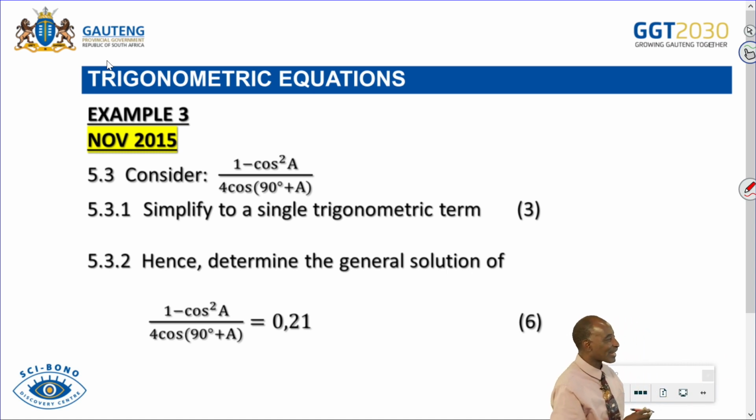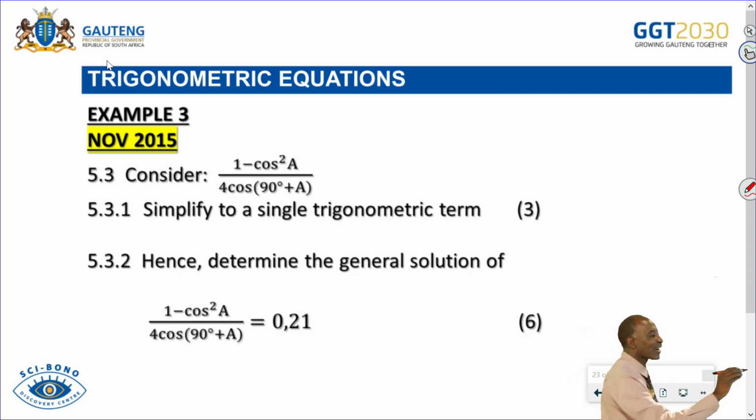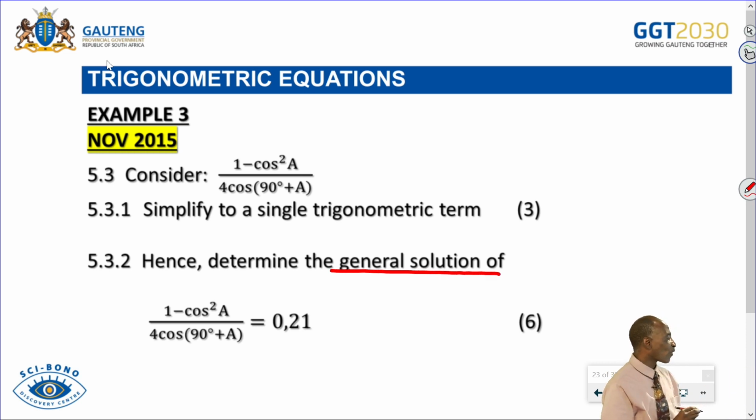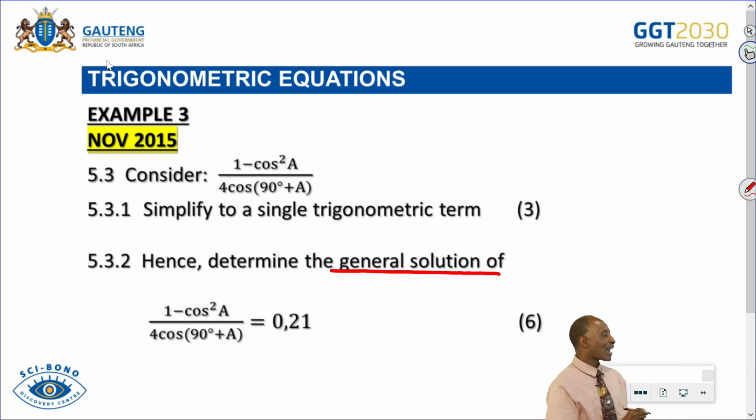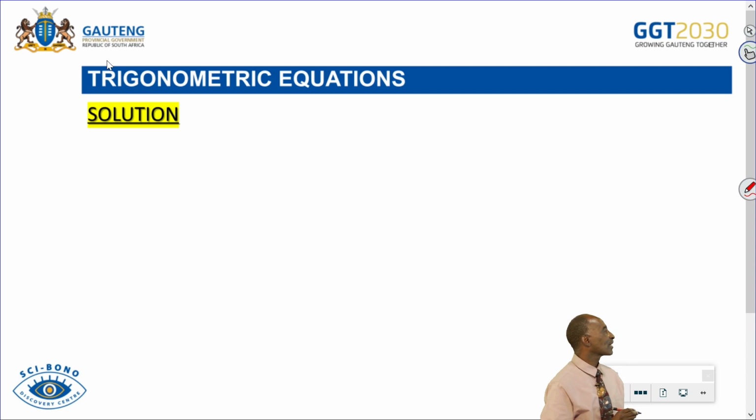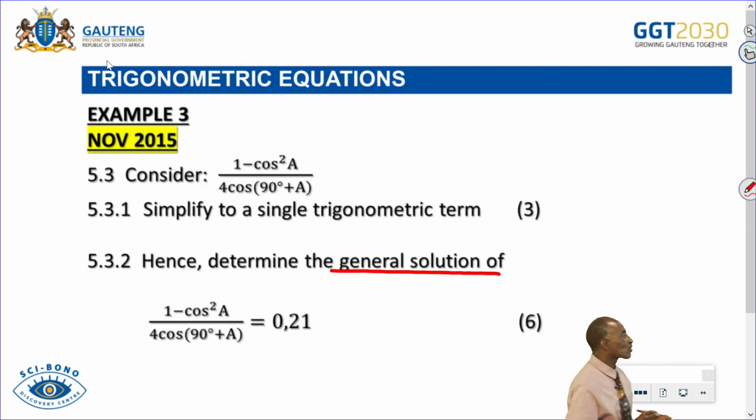The question that we are really targeting is 5.3.2. Hence, determine the general solution of the equation 1 minus cos squared A divided by 4 cos 90 degrees plus A equals to 0.21. Okay. Right. The first thing is to check.